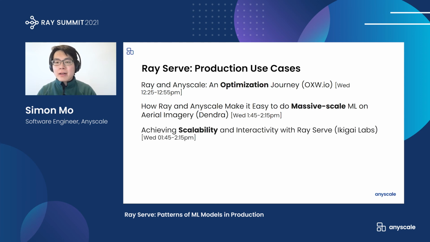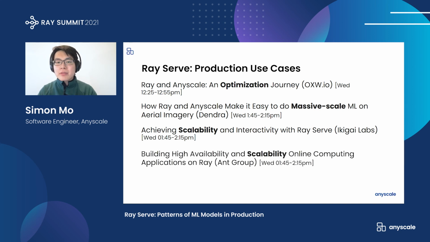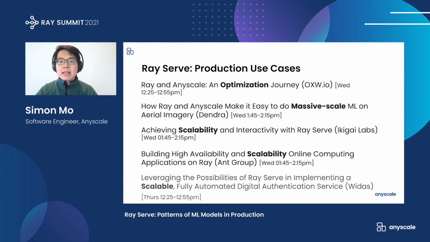We have talks highlighting Serve's business logic and flexibility, as well as some future work bringing the Java version of Serve into the open source with engineers from Ant Group. And lastly, but not least, we have an exciting talk about fully utilizing the capability of Serve to perform massive scale model composition.